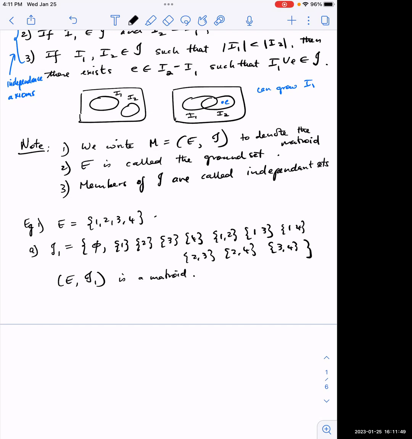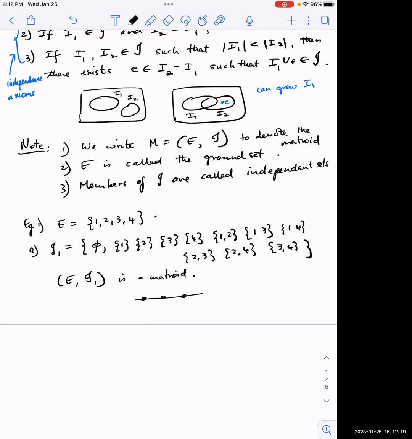So we want to somehow express this collection of independent sets, right? And in a geometry, if you have 3 points on a line, then those 3 points are dependent. They're dependent in the geometric sense, which will become clearer later.